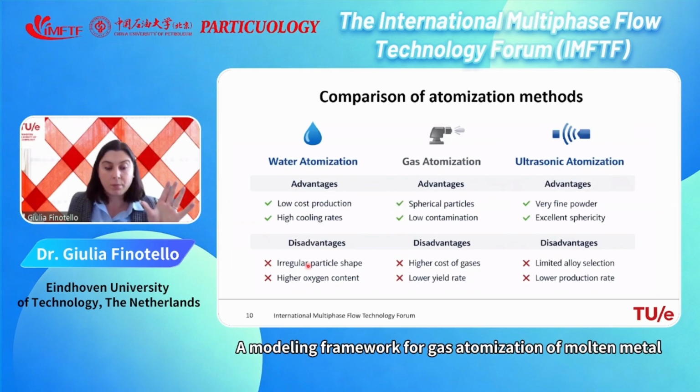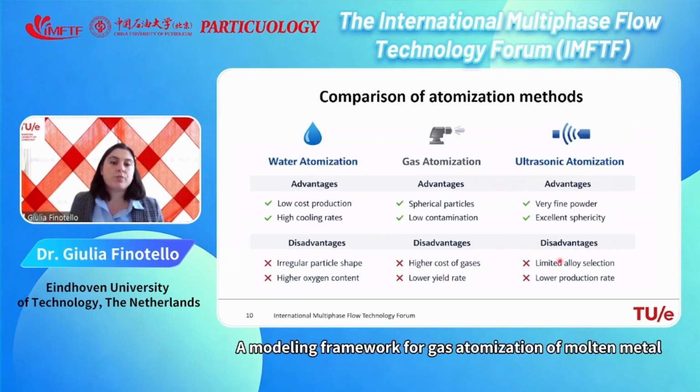So this technique can be used only for alloys or metals such as iron or iron alloys, for example, which are less sensitive to oxygen content, while it cannot be used for other alloys. Gas atomization then needs to be used in that case, which uses nitrogen and argon as an inert gas, but I'm using that in very large amounts, so it means that I have high cost.